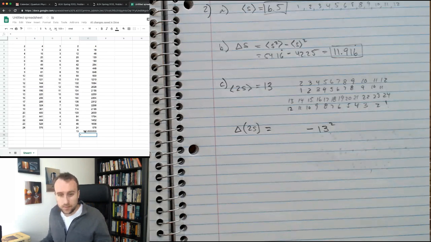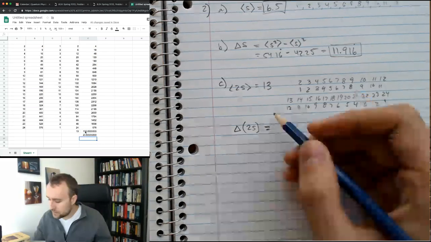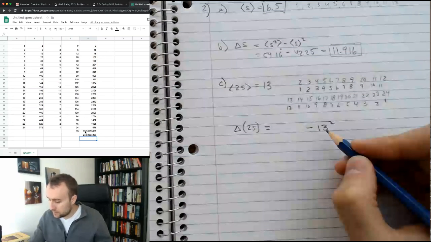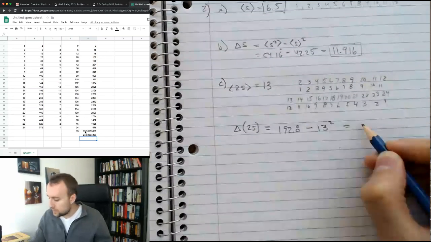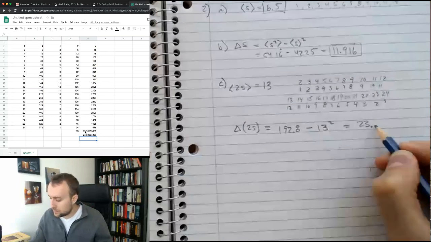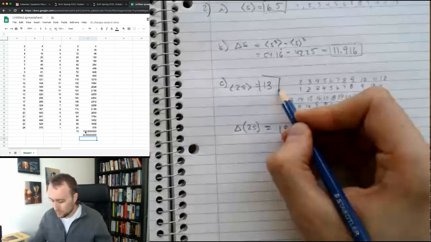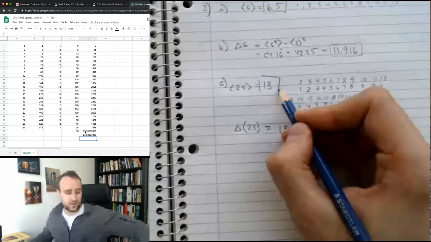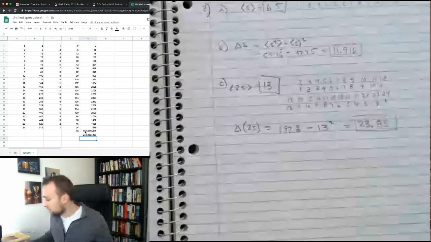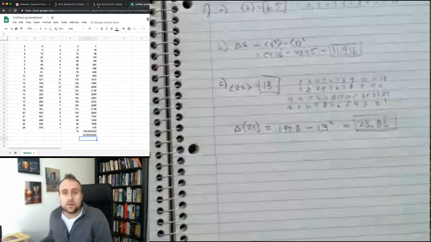And then we have this minus 13 times the mean. And this is 192.8, which gives 23.83 repeating. All right, well, hopefully I got this right because this is stuff that I've definitely studied before. So let's go over to the solution set.